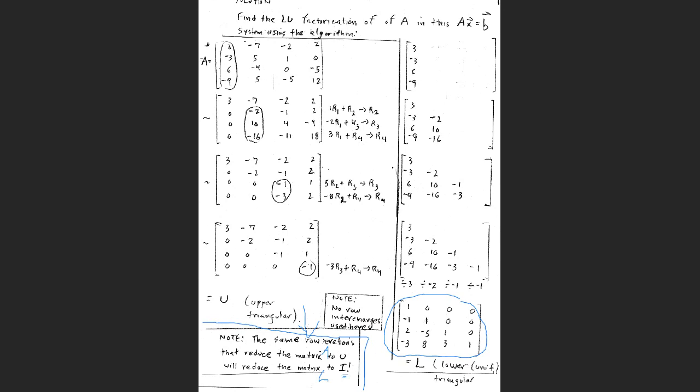So let's see if that makes sense. Let me focus here on these three row operations. So let's say I were to add the first row.